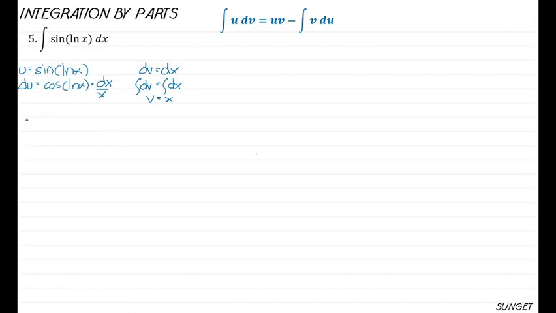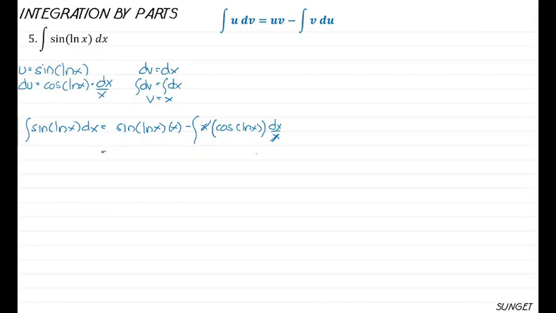Then by the integration by parts formula, the integral of sine of ln x dx is equal to u times v, so sine of ln x times x, minus the integral of v du. So v is x times du, so cosine of ln x times dx over x. So cancel.